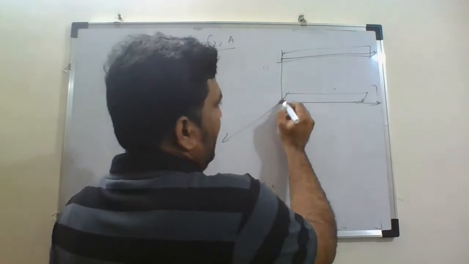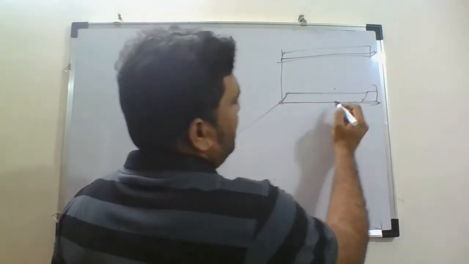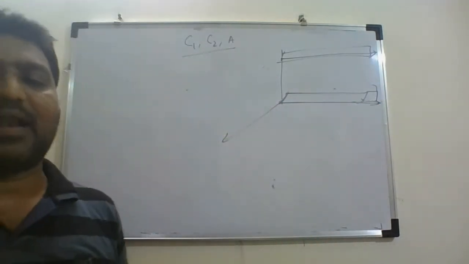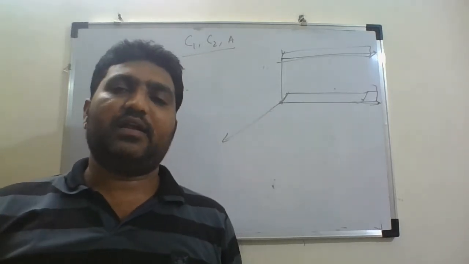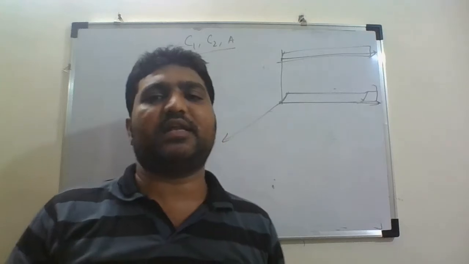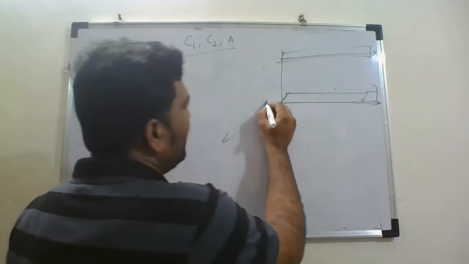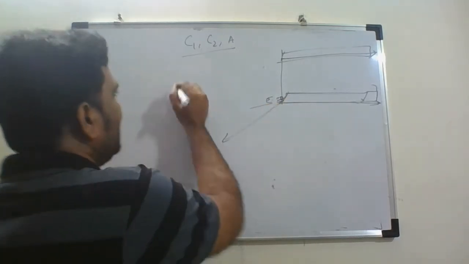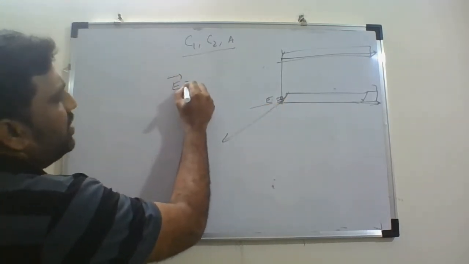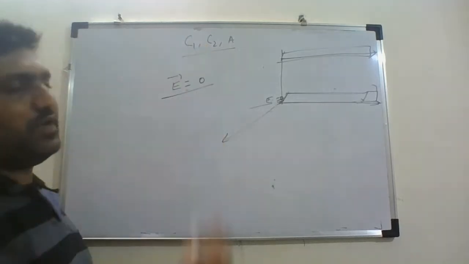We know that this is a parallel plane conducting plate. For any parallel conducting plate, the electric field on the conducting plate is always equal to 0. So E bar on a conducting plate is equal to 0.